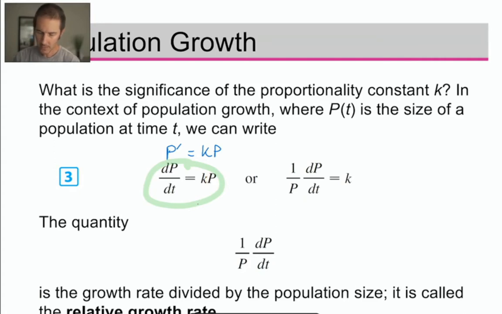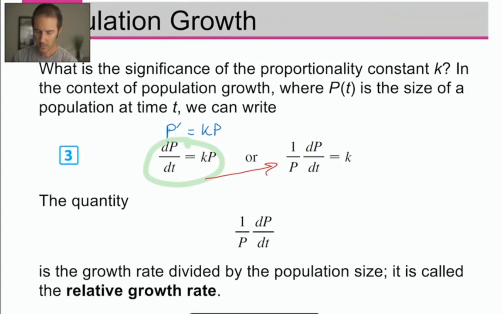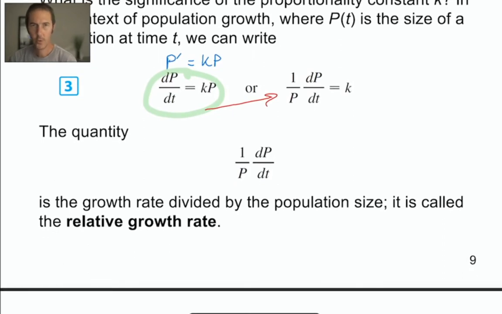If we take this equation and we solve it for k, then we get this equation. So 1 over p times dp/dt is your k value. It's your growth rate divided by the size of the population. And what we do is we call that the relative growth rate.